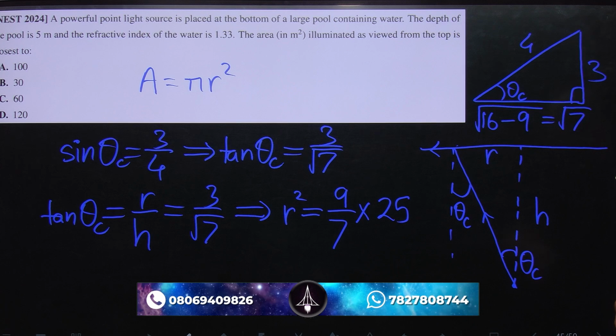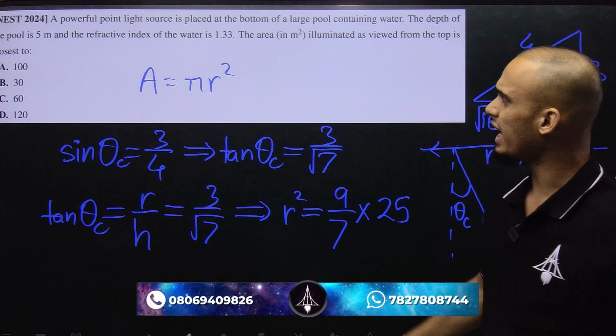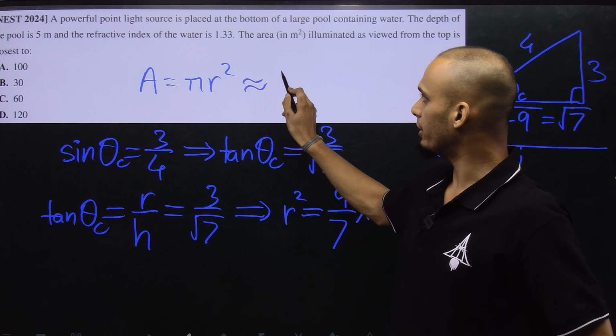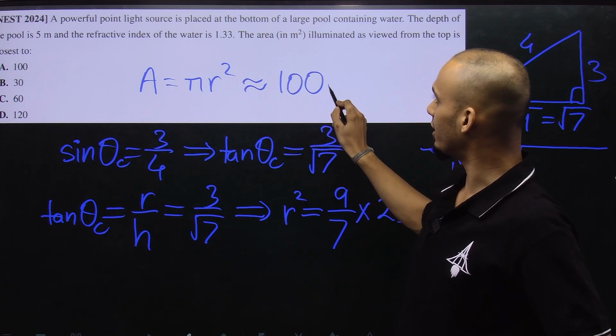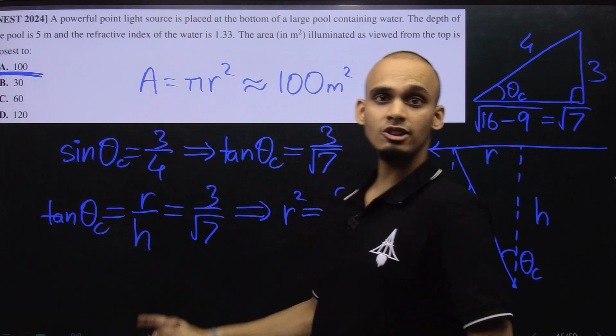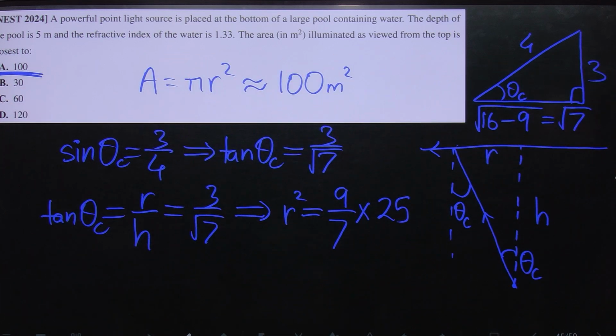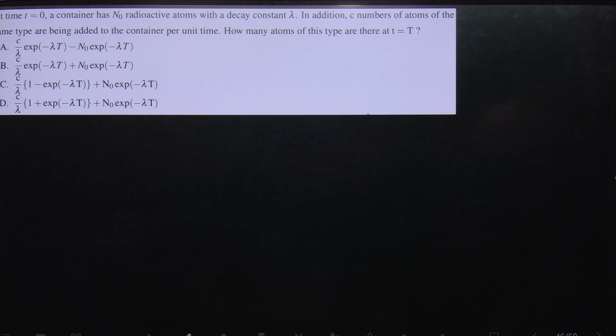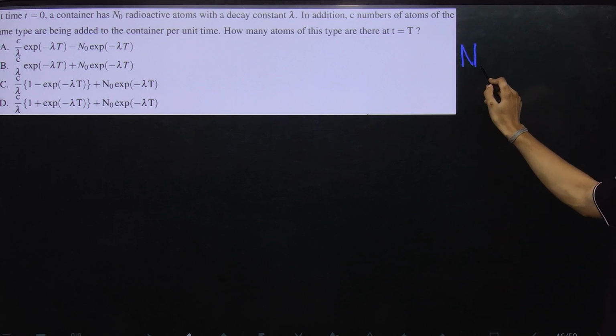Approximately 25 into 3 by 7, approximately you will get area as 100 meters square. Option A matches over here. As long as you know total internal reflection and some basic trigonometry and geometry, you will easily be able to solve questions like this. Next question we have, at time t equal to 0, container has N naught radioactive atoms.